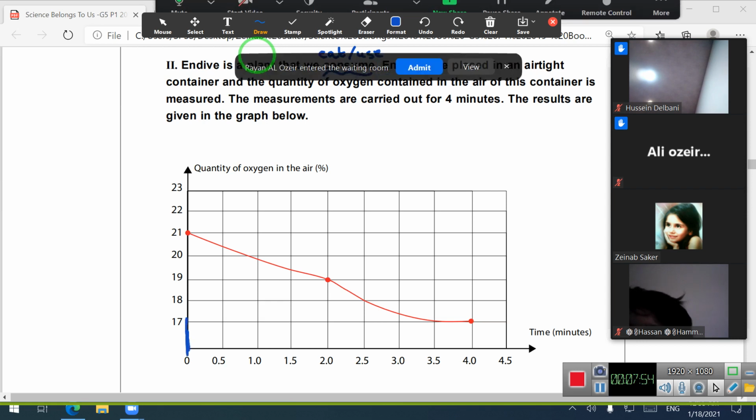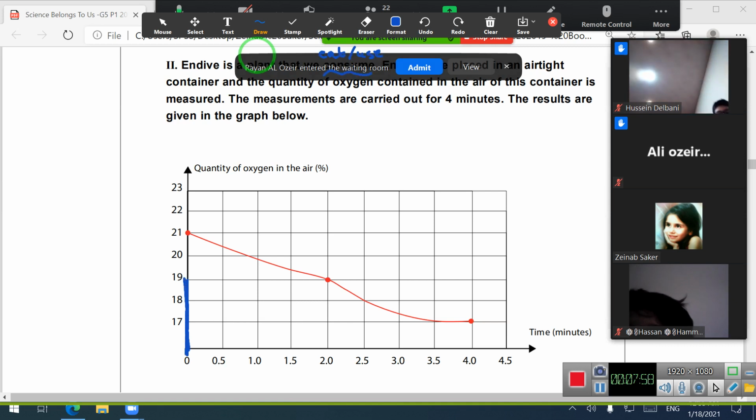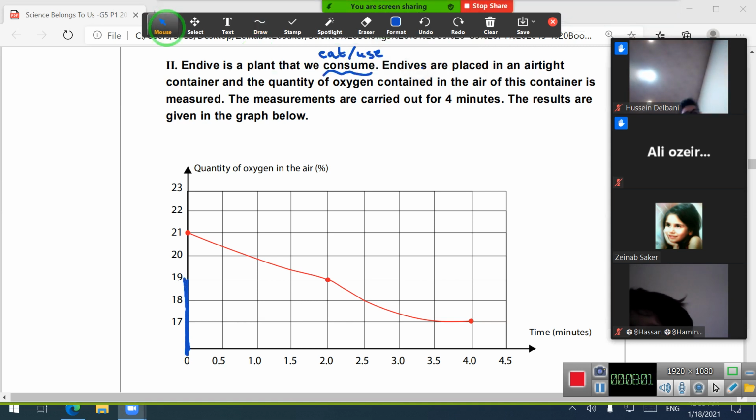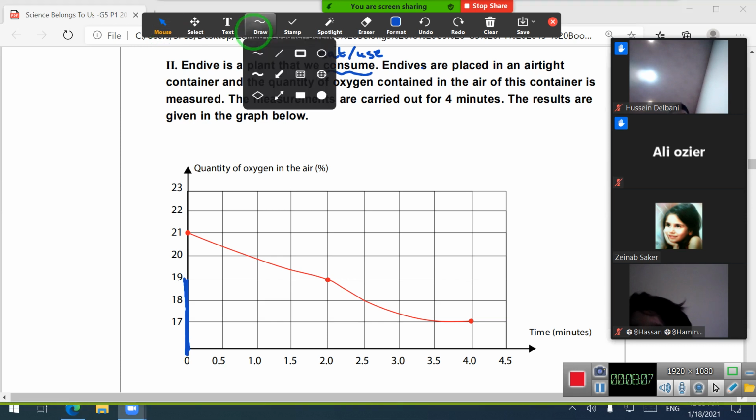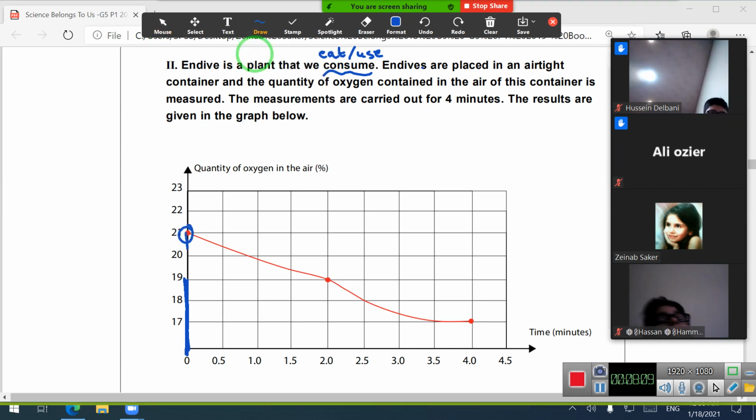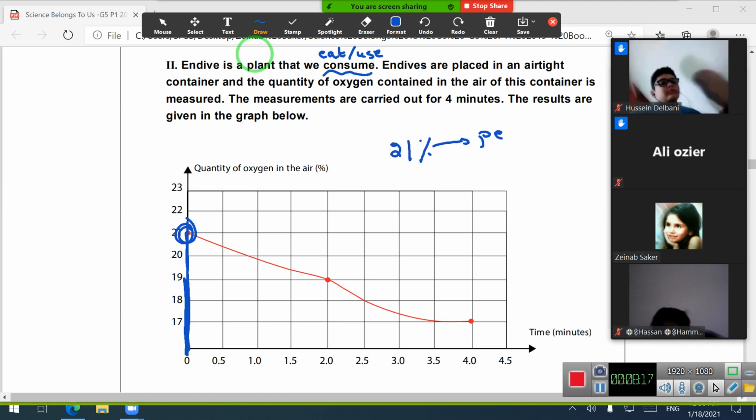At the beginning of the experiment, when we place this endive plant, look at the amount of oxygen. At the beginning it was 21%. Percent means per 100, okay?